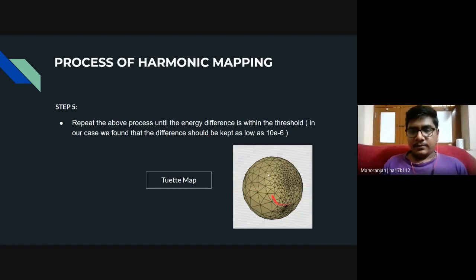The energy difference that I was talking about, in our case, we have to keep as low as 10 to the power minus 6, because if there was any threshold higher than that, then it was not able to remove all the overlaps.